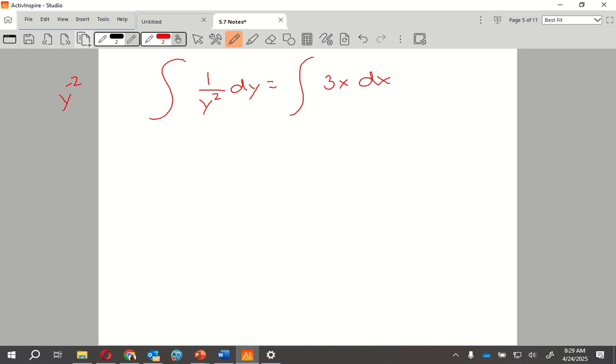So I add 1, then divide by that number. So that's going to give me negative 1 over y, because I add 1 and then divide by that. Now, dy goes away because I'm doing the integration.